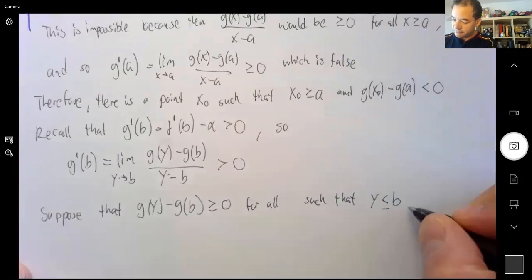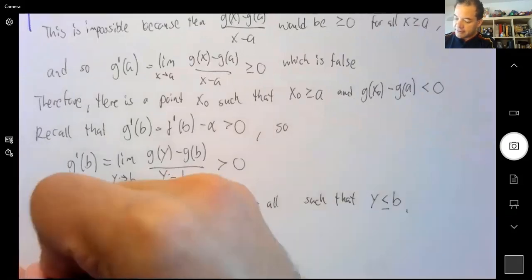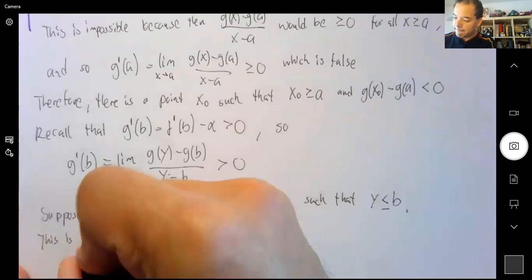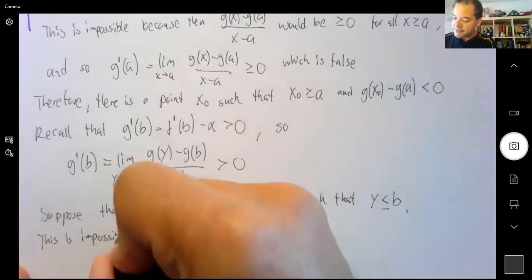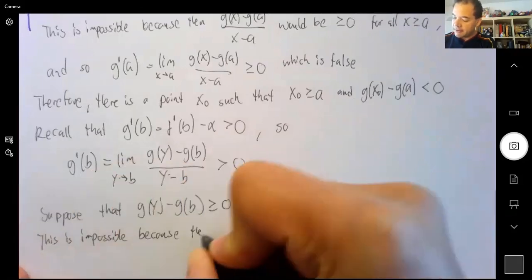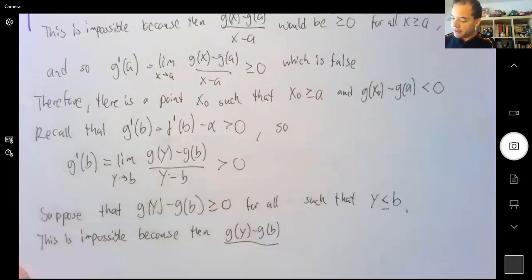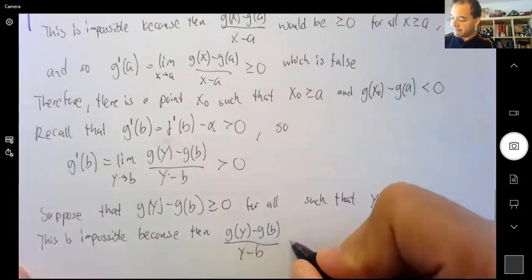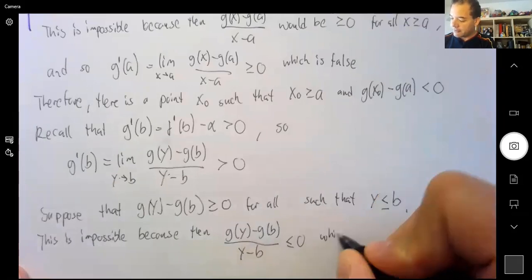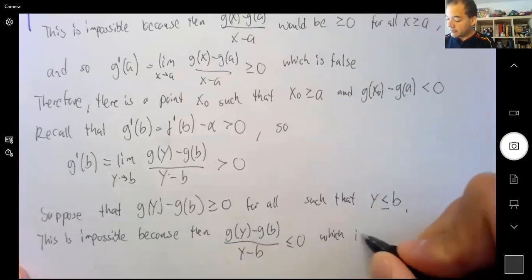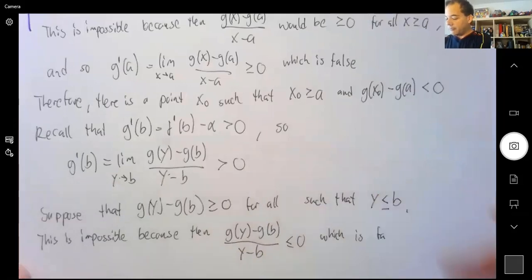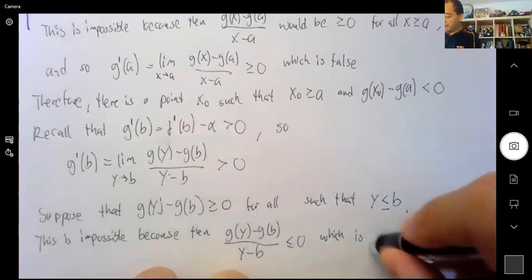This is impossible because then g of y minus g of b over y minus b would be negative, and then the limit would be negative.